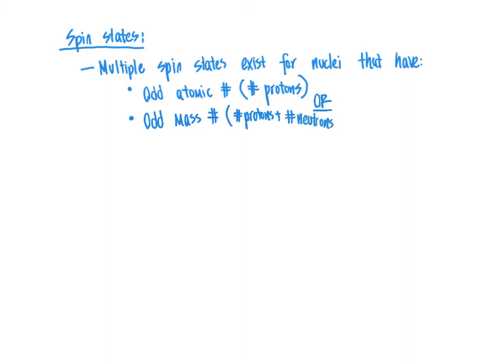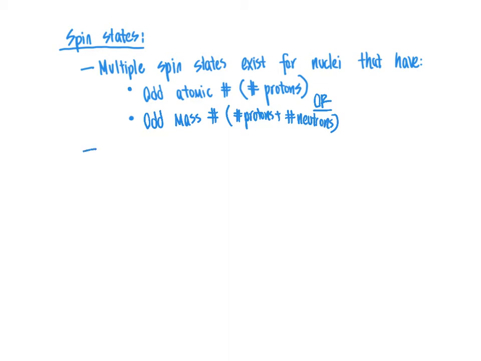So if the mass number of a particular atom is odd and or the atomic number of that atom is odd, the molecule will exist in multiple spin states. Those multiple spin states will create what we refer to as a nuclear magnetic moment. A nuclear magnetic moment is just a tiny magnetic field that surrounds that particular nucleus.